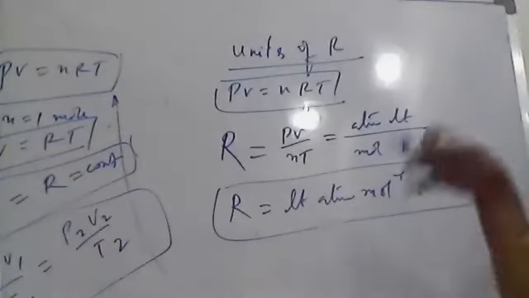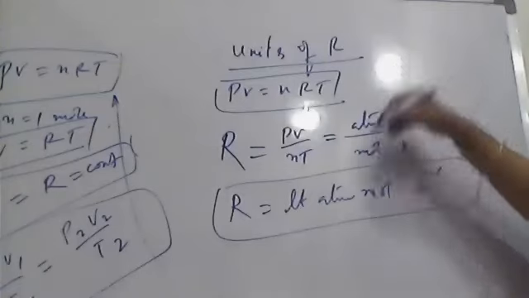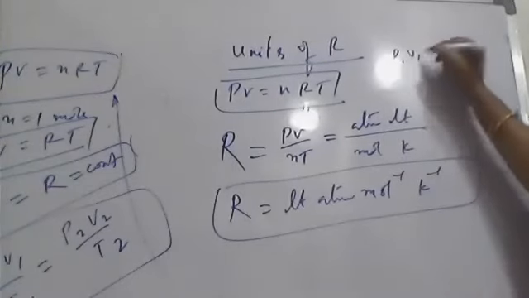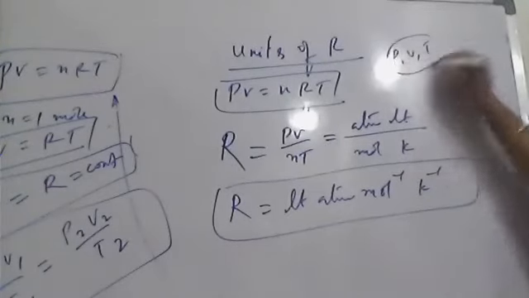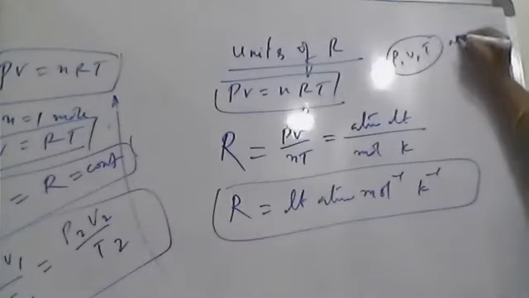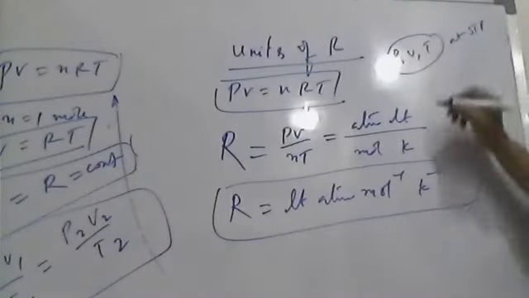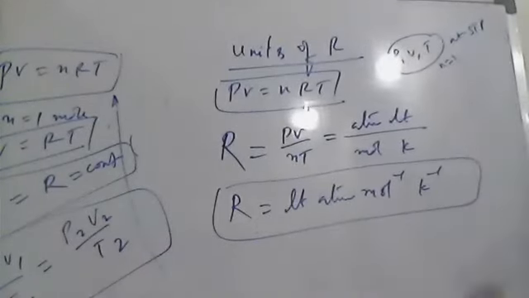And next, we'll put the values. Now put the pressure, volume, and temperature at STP conditions. STP means per 1 mole of gas.